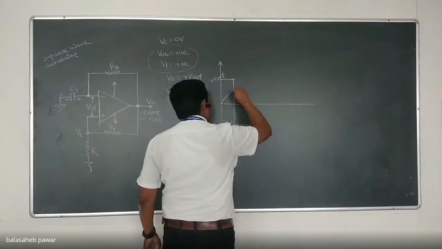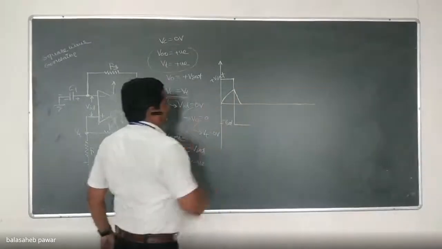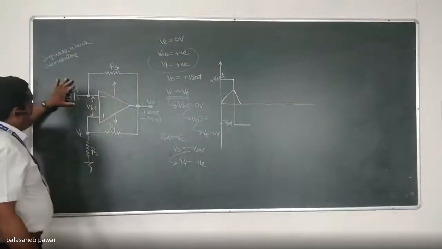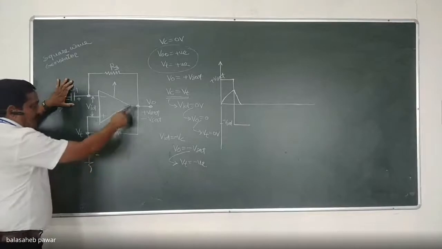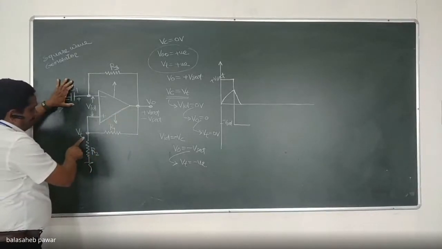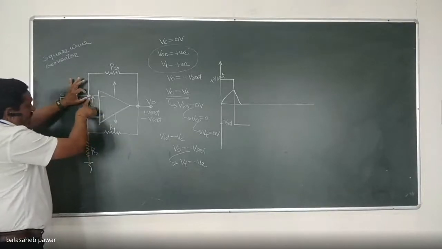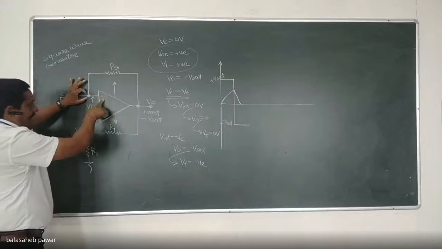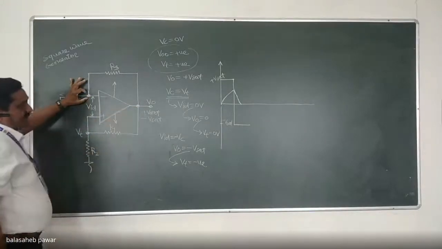At a particular stage, it will go to 0 volts. This capacitor C1 will get completely discharged to 0. But still, the output will remain minus VSAT. Why? Because this VT is negative, while the voltage at the inverting terminal is 0 volt. That's why it will remain dominant compared to VT, and therefore the output will remain minus VSAT.